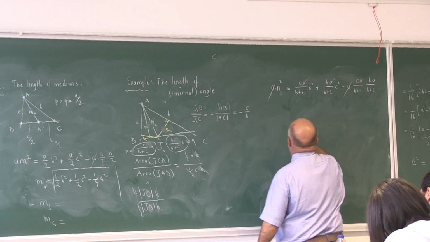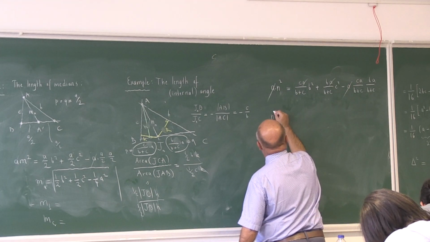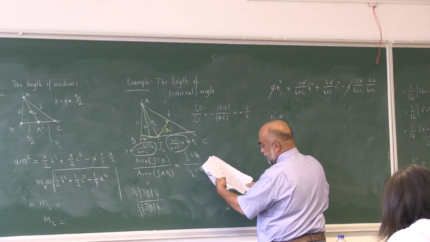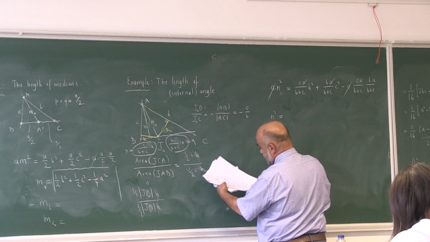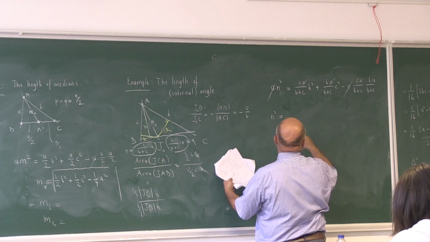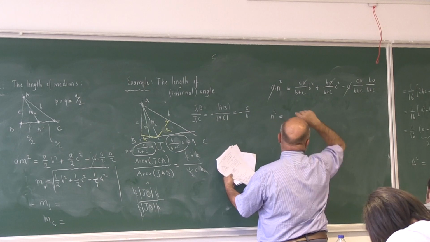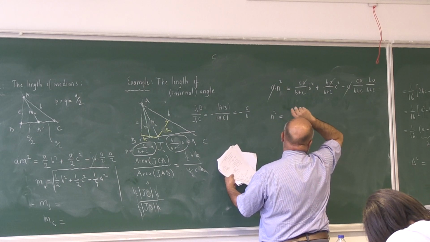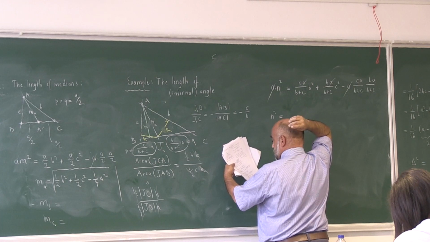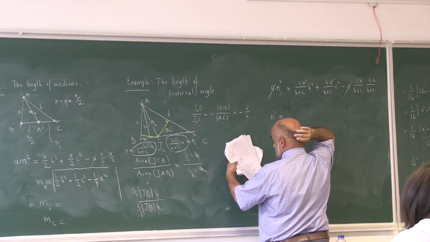Okay, so here I am. So n squared turns out to be now. I've got to be careful. I keep making stupid mistakes with these things.